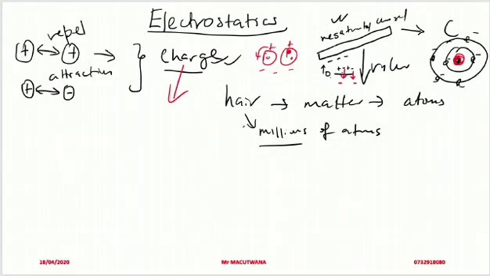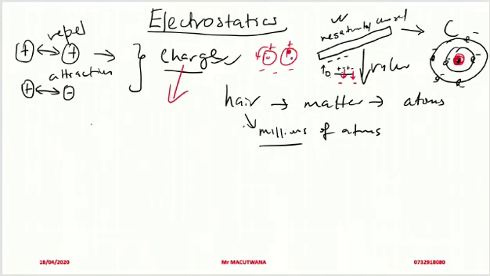All right. So I was trying to explain what this charge is. I think now you have an idea that if something has more negative than positive, it is negatively charged. Let me elaborate a little bit.